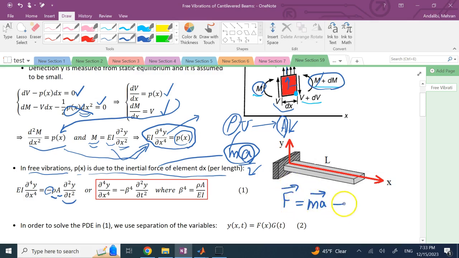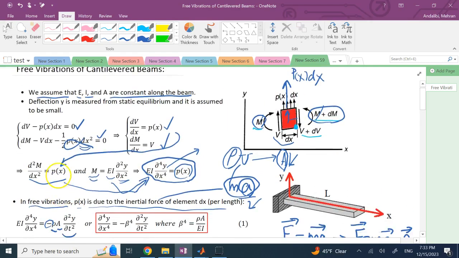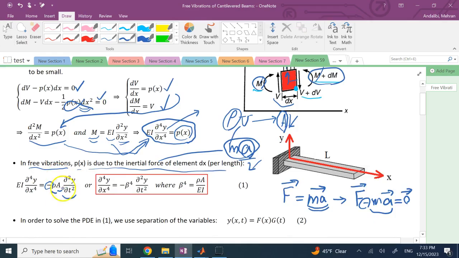The other way is to consider this to be the inertial force, bring it to the left side and write it like this. Then call this the inertial force, and as you can see, it's in the negative direction of the applied forces. So in this case, where P is up, then ma has to be downward, and that's why you get that extra negative.